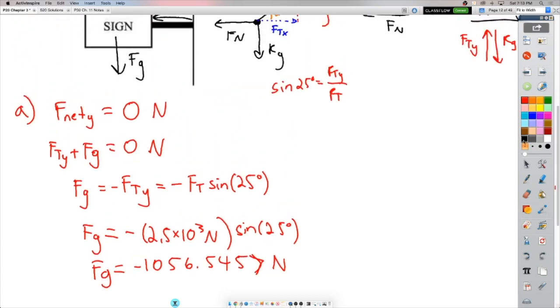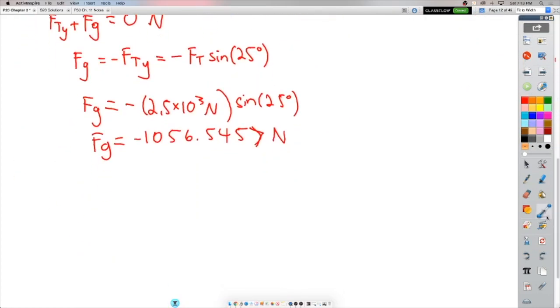Really, I should have defined up here. Since I made Fty positive, that means down would be negative. So when I get that negative, it means I'm down. Realistically, the maximum weight, since weight is a force and force is a vector, needs a direction. It'll always be the same if you're talking about the force of gravity.